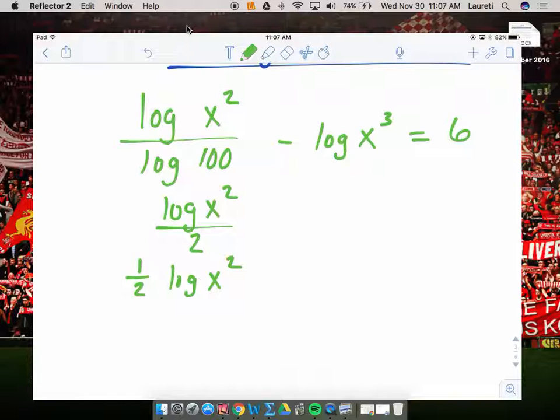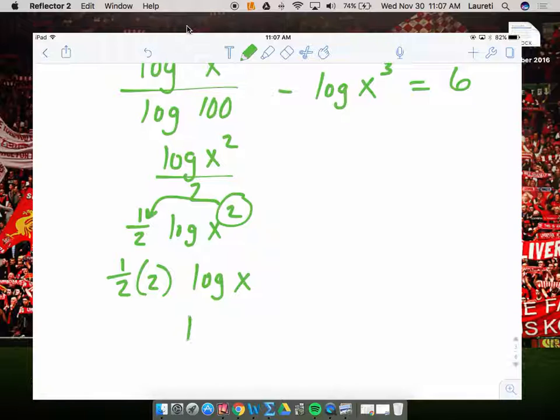More work than what you want to do. So what else could you do with the 1/2 though? Okay, yeah. So you're saying take this and move it down? Okay. So then when you have 1/2 times 2 of log of x, that just gives you log of x.